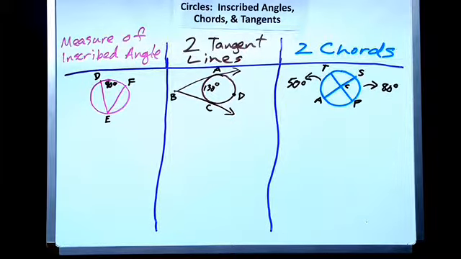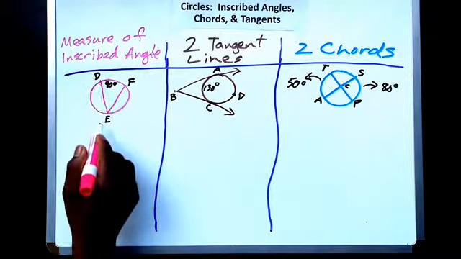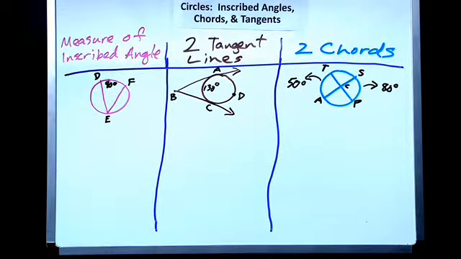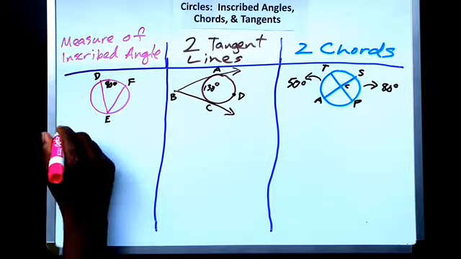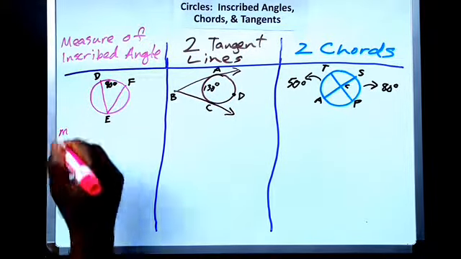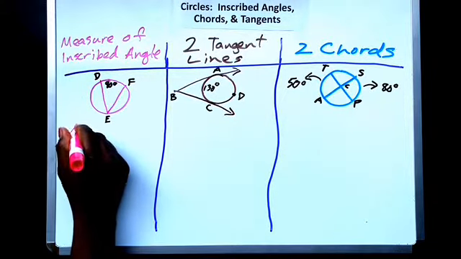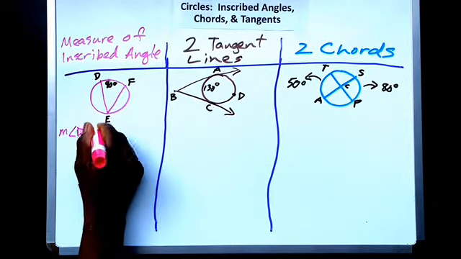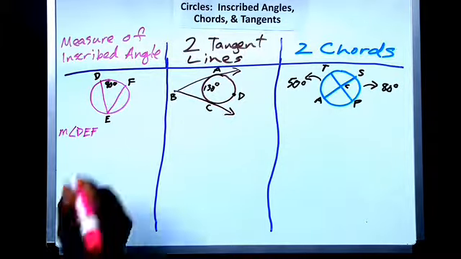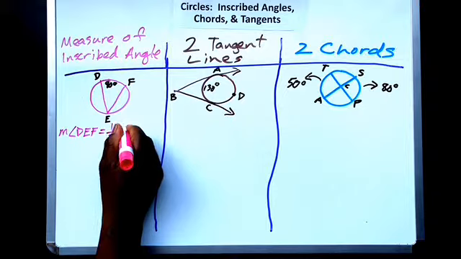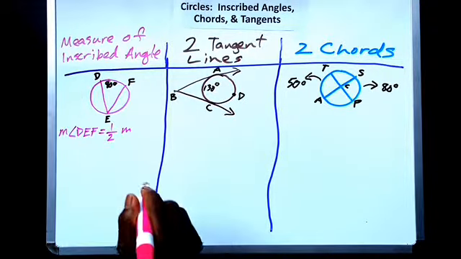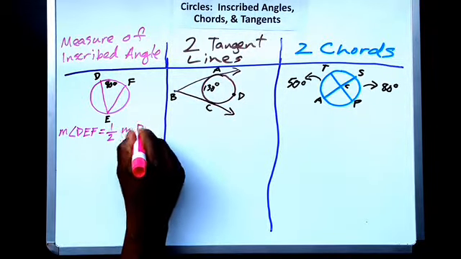So let's first start off with what helps us understand the relationship between this angle, angle DEF, and the arc DF. What we know is that the measure of angle DEF is equal to 1/2 times the measure of arc DF.